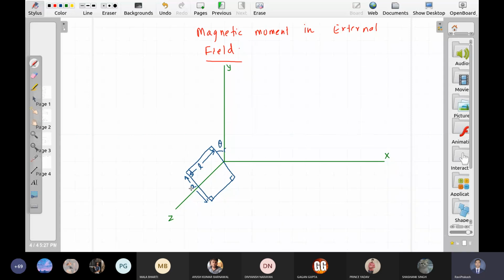And let us assume some current. Let us assume this is the direction of the magnetic field along the y-axis. So this is the magnetic field everywhere. B is along the y-axis.